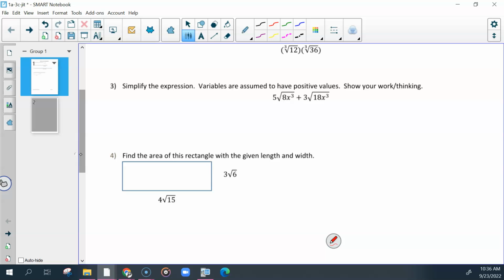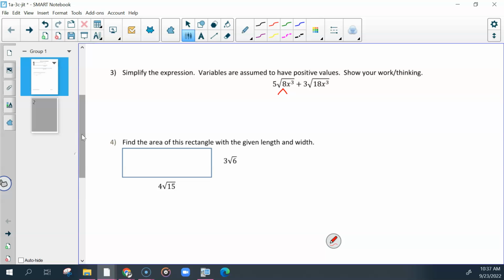Anyone want to walk through their process and answer for that one? If not, let's say we do perfect square for both. Highest perfect square we can divide by 8 would be 4.